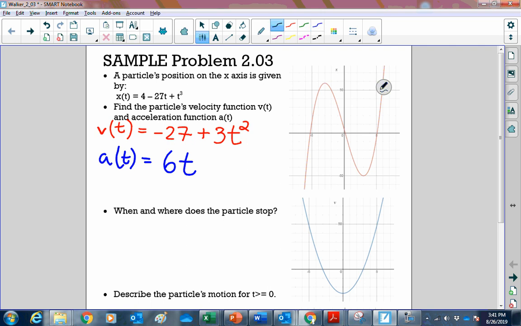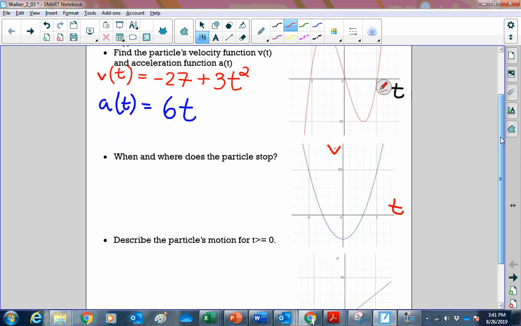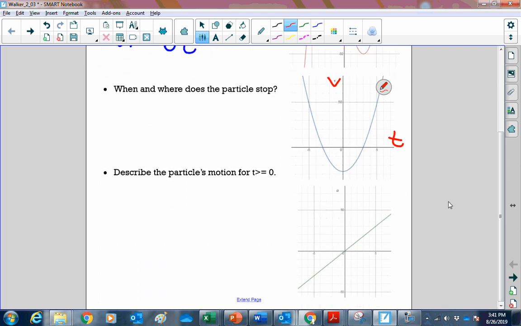So just to make these a bit bigger, this is x as a function of time, and then I had graphed this, which is velocity as a function of time. And if I scroll down, you can see the linear function here for acceleration as a function of time.